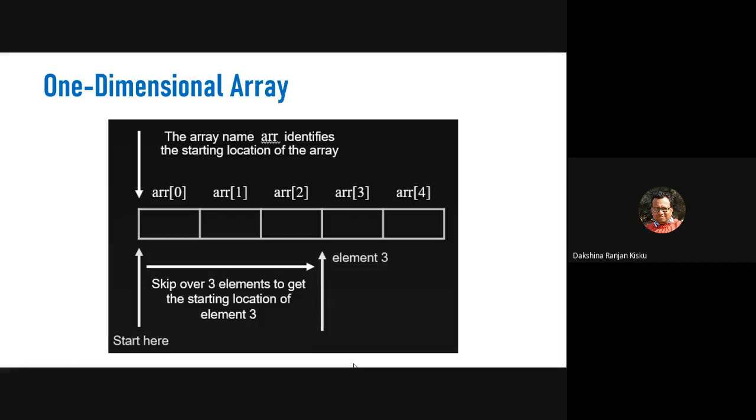So arr+3 will take us to the third element of the array. Actually it is the fourth element. When I write arr+3, that takes us to the fourth element. As I said, this element is the third element, however the indices start from 0.